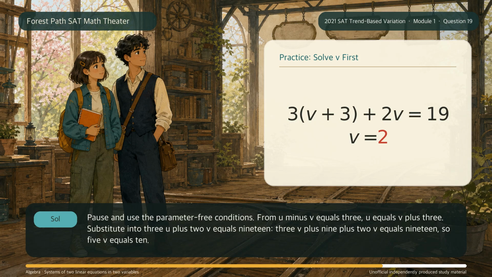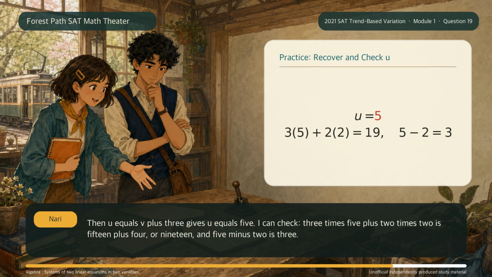Substitute into 3u plus 2v equals 19. 3v plus 9 plus 2v equals 19, so 5v equals 10. Then u equals v plus 3 gives u equals 5. I can check. 3 times 5 plus 2 times 2 is 15 plus 4, or 19, and 5 minus 2 is 3.